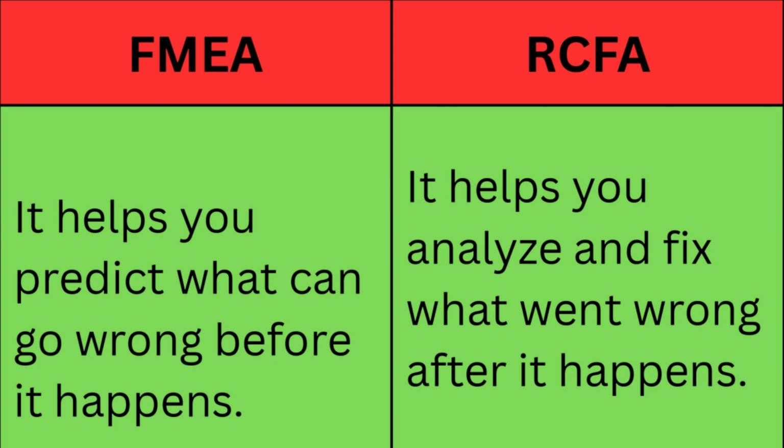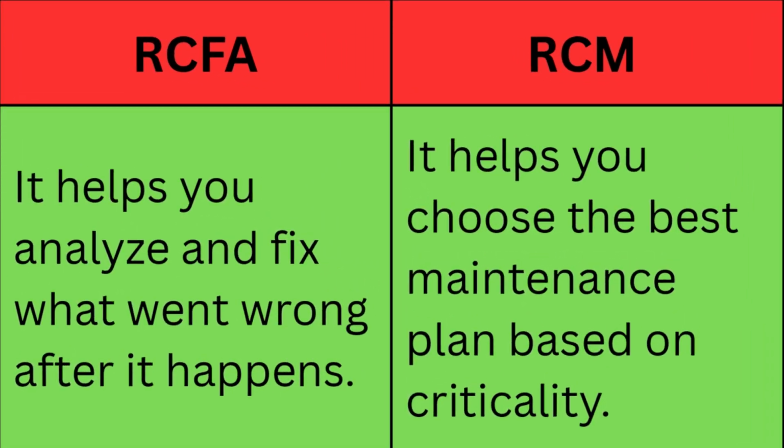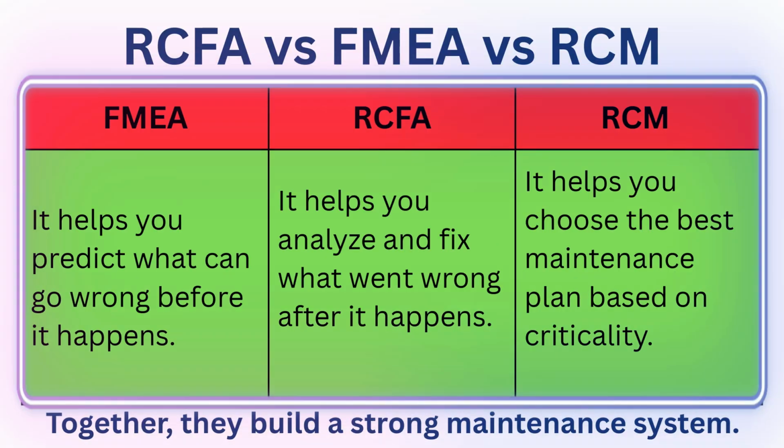And RCFA is one stage advanced, it helps you analyze and fix the problem so that it should not happen again. And in the very last video, we discussed RCM. RCM helps us choose the best maintenance plan based on criticality. So the combination of these three will build a very strong maintenance system, right?